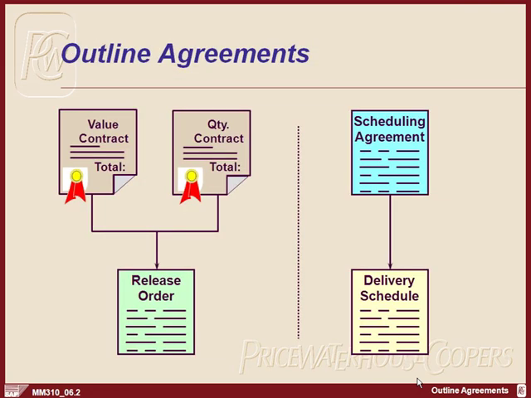Outline agreements are of two types. One is contract, the other one is scheduling agreement. So what do you mean by contract? A contract is again a type of outline agreement wherein you specify how much quantity is required for a certain material in a given period of time.